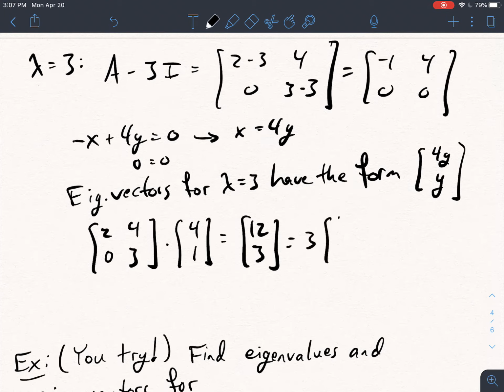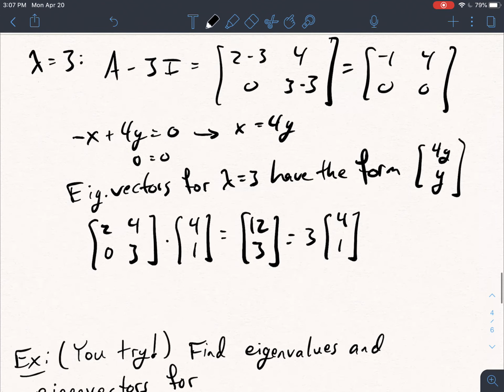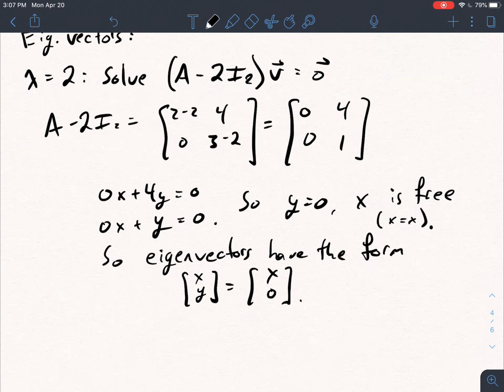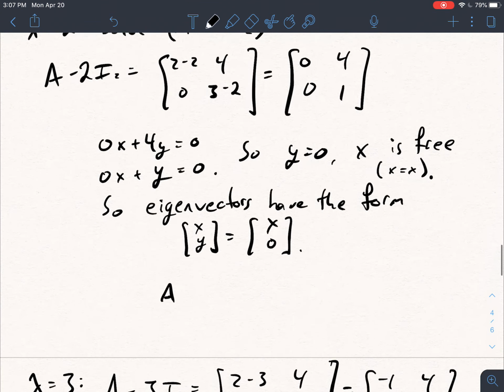And I get 0 times 4 plus 3 times 1, that's 3. I could factor out a 3 from both entries, so 3 times 4 is 12, so I get 4, and then 3 times 1 is 3. So I get AV is equal to 3 times V, so 3 is our lambda. And so that's how we can check that we were right.